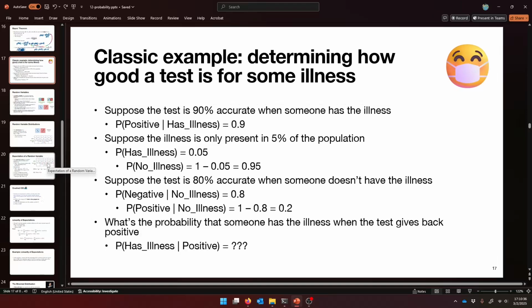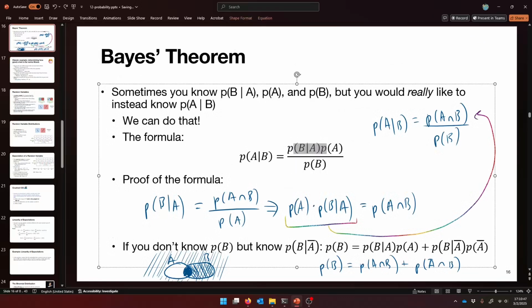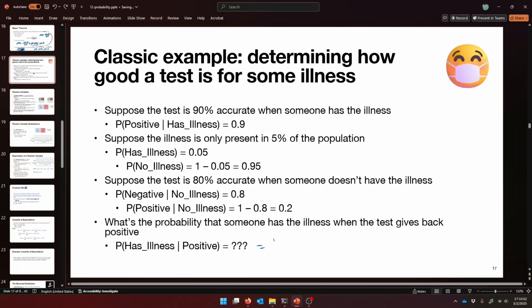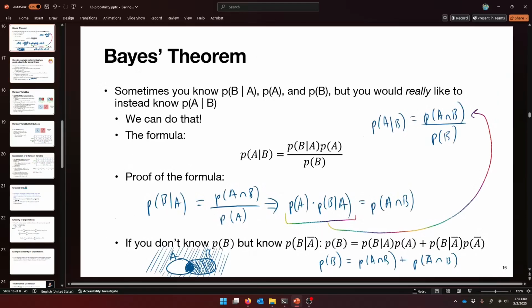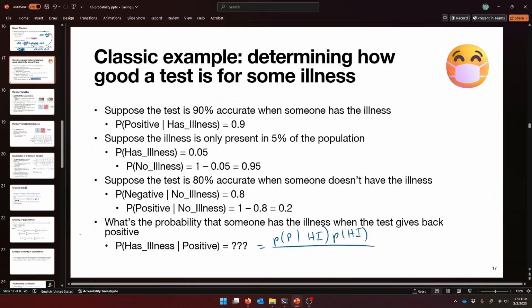So what is it? It's going to be equal to, right? The probability of has illness given positive is equal to this guy. The probability of the flip side, the probability that it was positive given that you have the illness, let's call that HI, times the probability of the original left side, the probability that you had the illness, over the probability that it was positive.